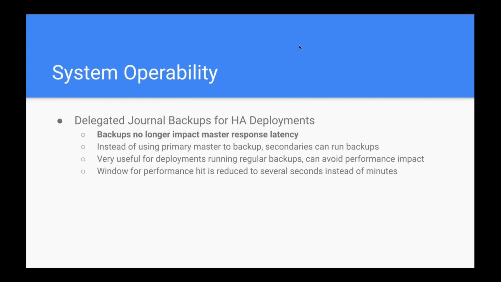For users who were taking regular backups, like every day at a certain time, this window of performance degradation wasn't ideal. So what we implemented in 2.3 is the ability to ask the secondary masters to take the backup, therefore not putting the load on the primary master. So now it's maybe a window of a few seconds of degraded performance as opposed to several minutes.